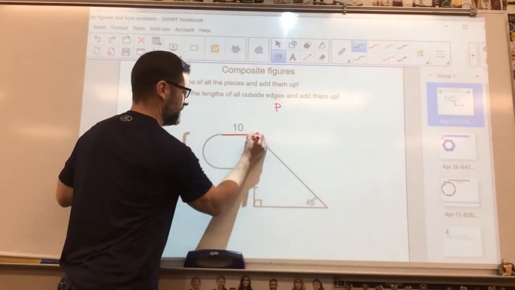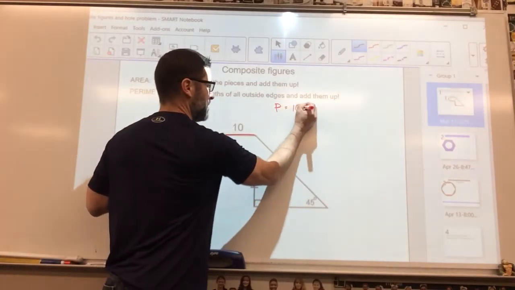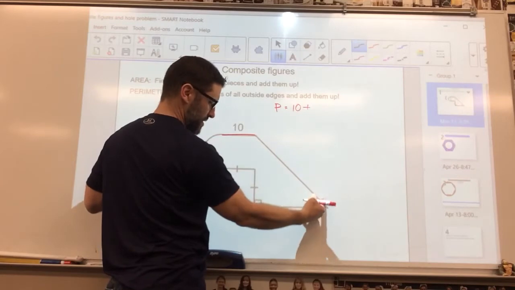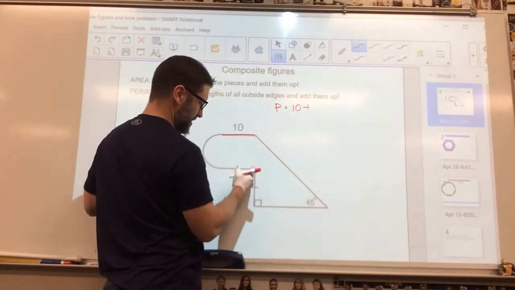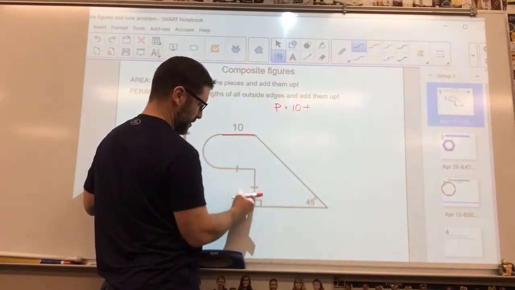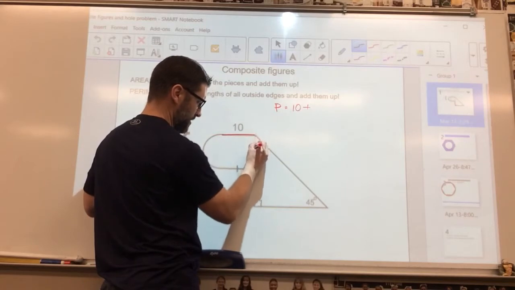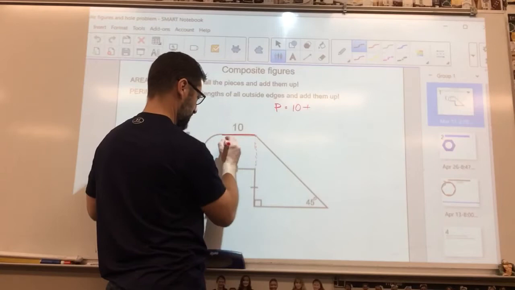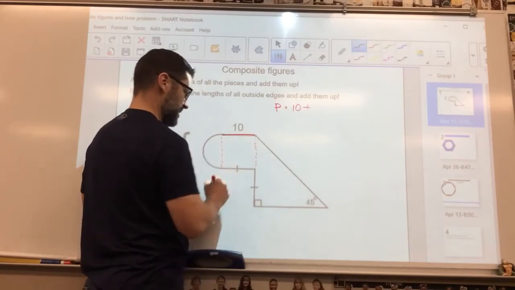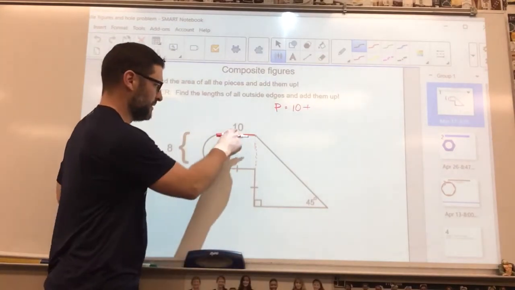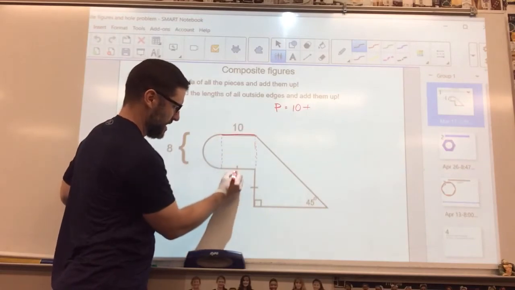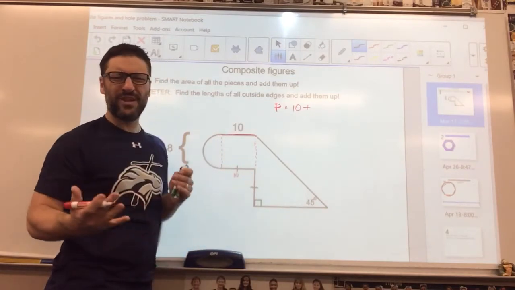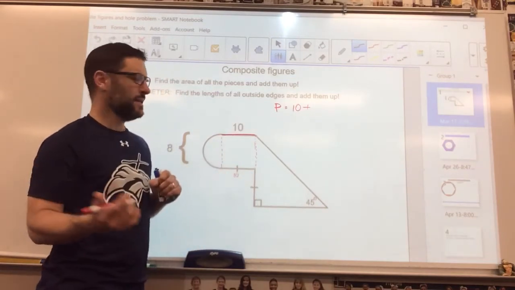I got a 10. I got some value I don't know yet, another value I don't know yet. I have a couple tick marks there. Well, if I divide it straight down, I notice I have a rectangle right there. So if that's 10, I can put a 10 here, and I should have right angles in there.